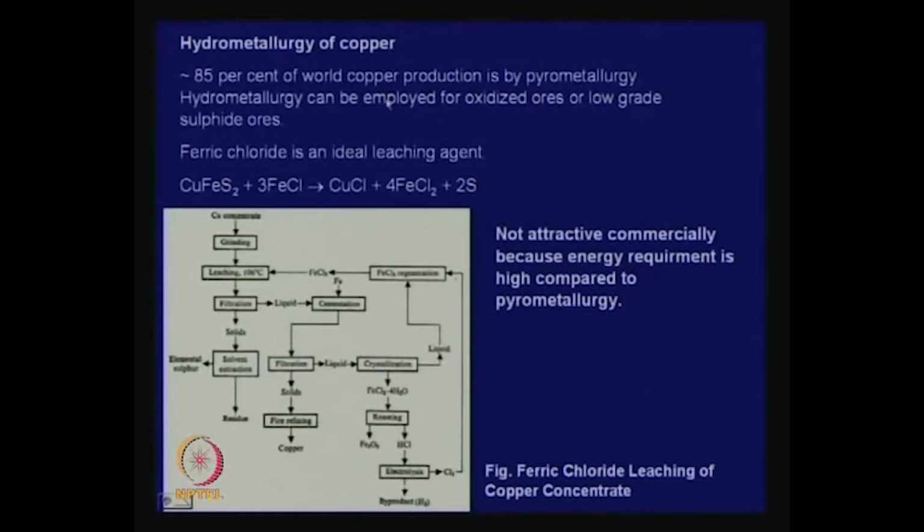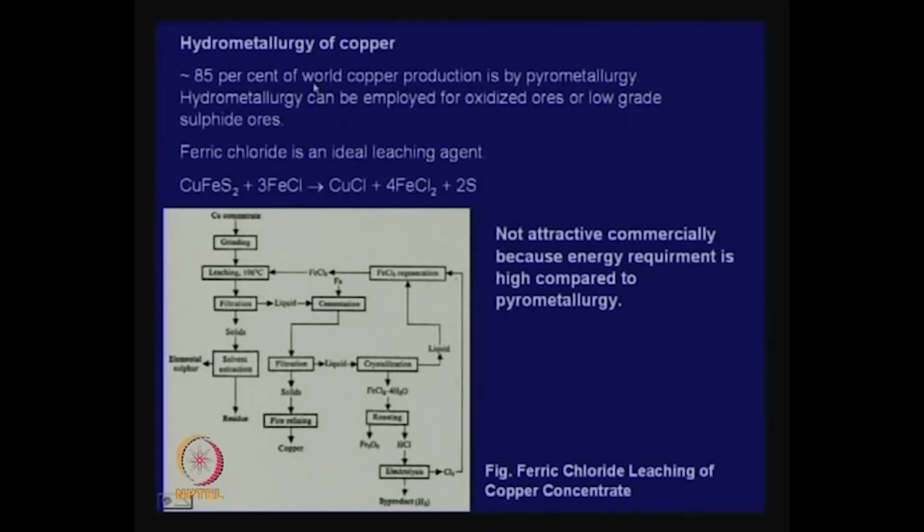You need sensors, you need computerization, because you need that an input material must always remain of the same composition, because if there is any variation there, then the entire chain of operations will suffer. But 85% is still from one or other kind of pyrometallurgy.